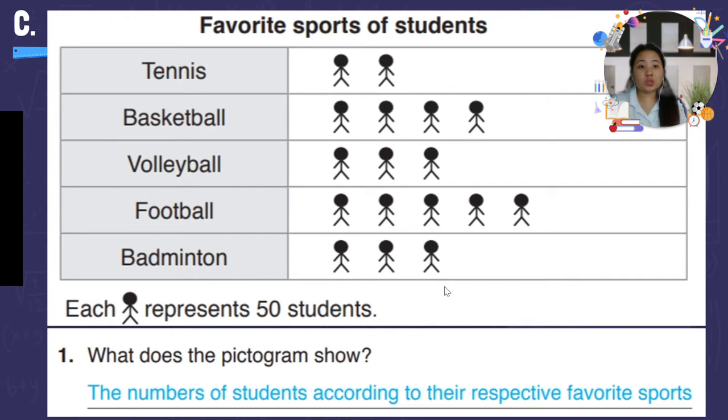It depends on you. To make it short, you can just write the favorite sports of students. Next, let's go to number 2.